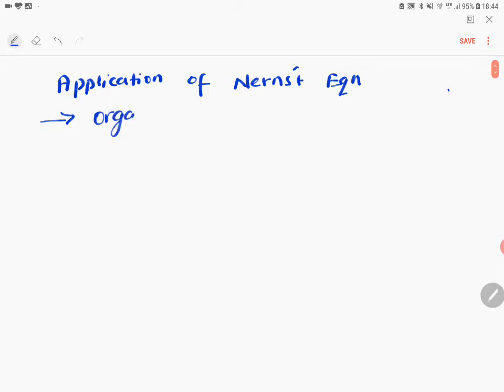So this is NEET stage 2 lecture 3. So this is the application of Nernst equation with respect to organic electrodes.